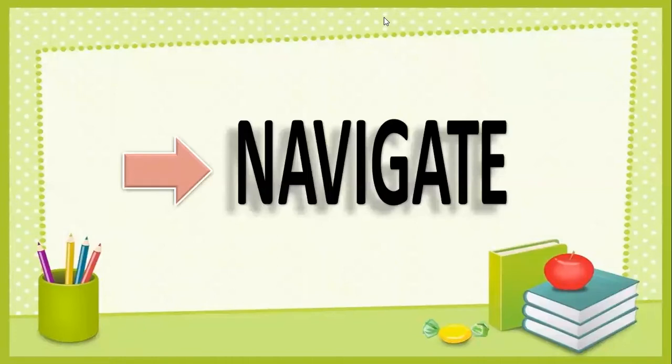Now let's move on to page 5. Navigate. Here is another example of an informational text. Read it and find out what it is about and what information you can get out of it. So look at page 5. What is the title? Okay, our wildlife, our treasure.